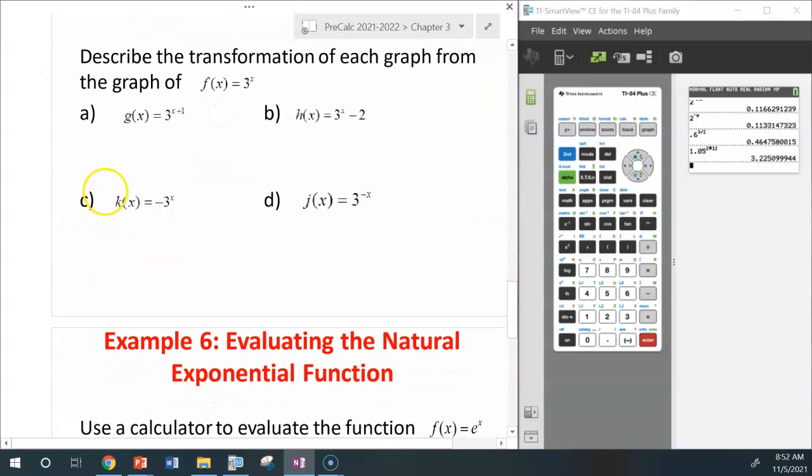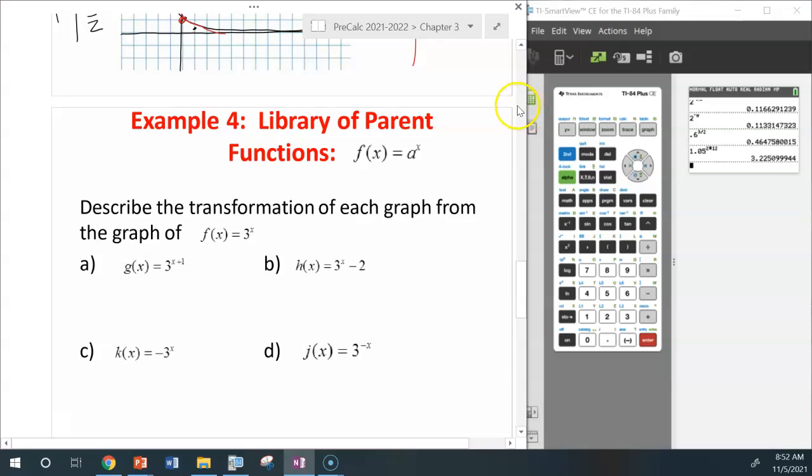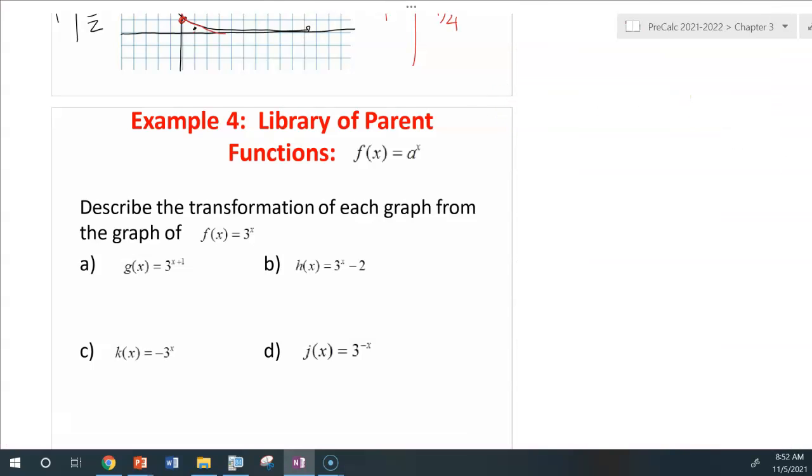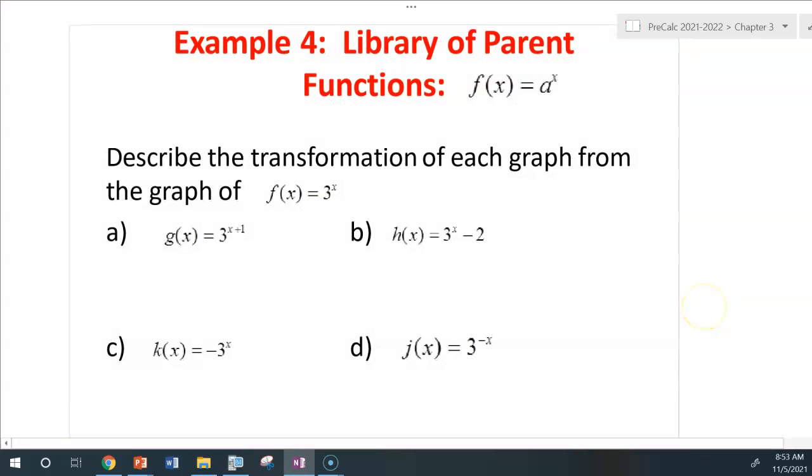All right. So now let's start talking about transformations. I did a little bit of that in our last example. I'm going to go ahead and move the calculator out of the way. To remember, our parent function is a to the x, and in this case, we've chosen 3 to the x.